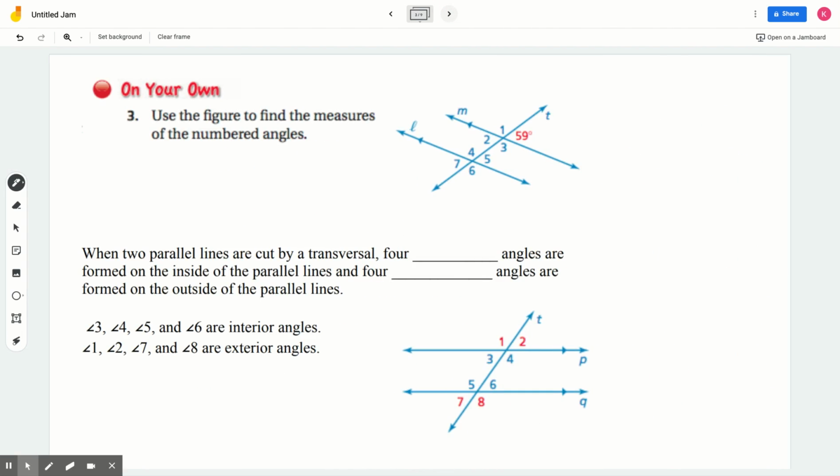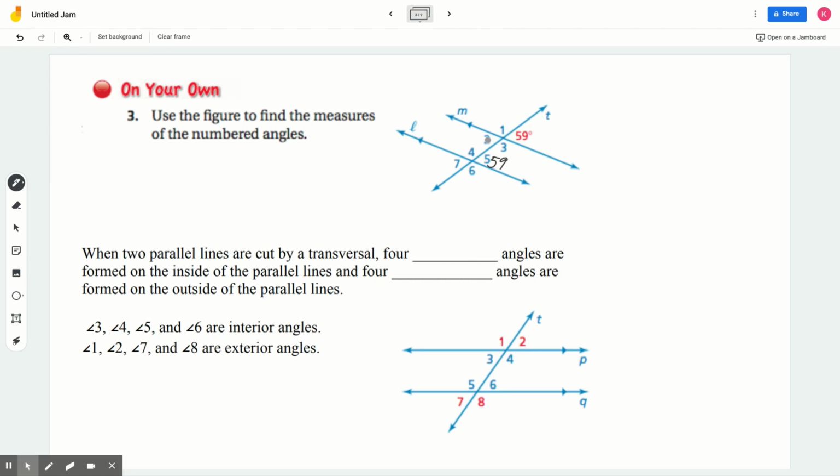Use the figure to find the measures of the numbered angles. As we look at this one, we're going to find all of the angles that are the same. If this top right is 59, then angle 5 would also be 59 degrees.